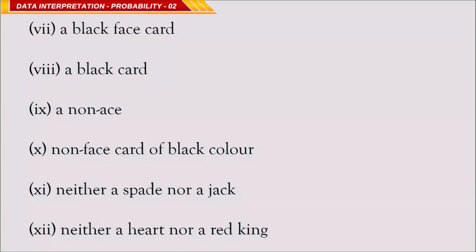Now, we will see some other questions. A black face card. Just now we discussed there are 12 face cards. Among 12 face cards, 6 face cards are black and 6 red face cards.